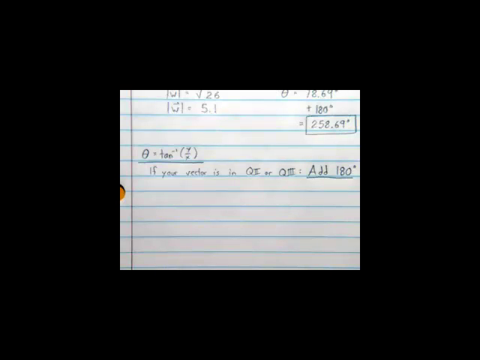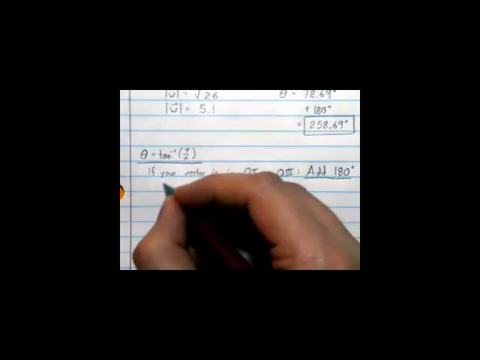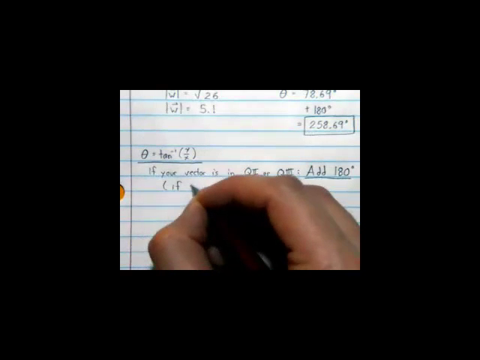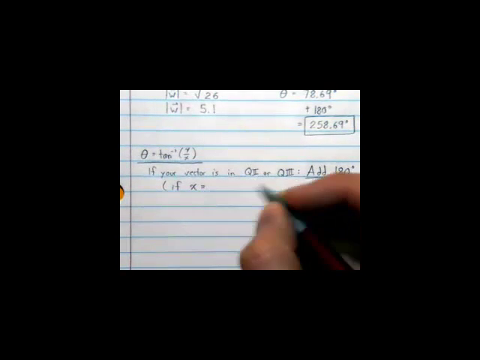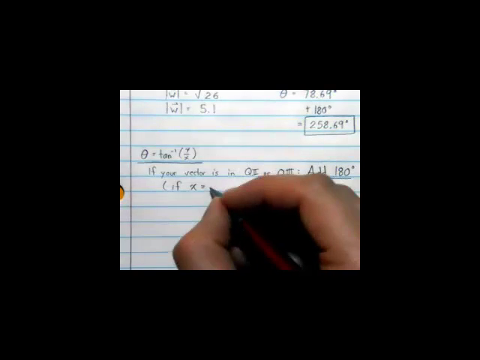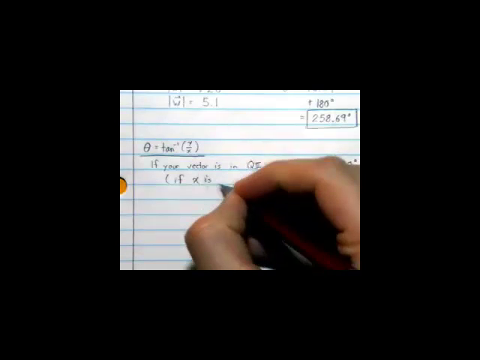Yes, I'll show you. If your x is negative, essentially. Wait, wouldn't you subtract 180 because it would give you an answer in quadrant 4? That's what I was just about to address. If x is negative.